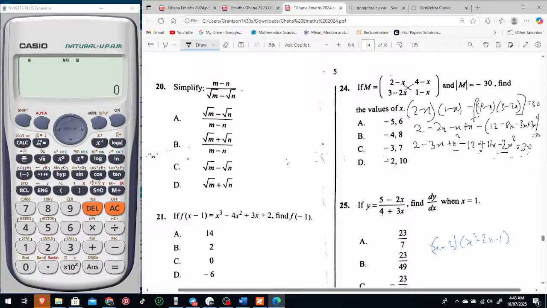This and this gives you negative x squared. This and this gives you positive 8x. Then the constants give you negative 10 minus 30 equals 0. So this gives you minus 40.